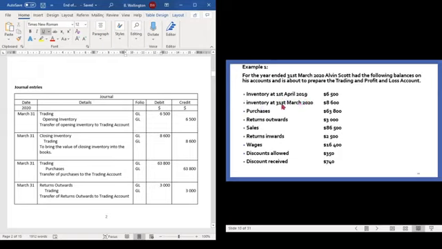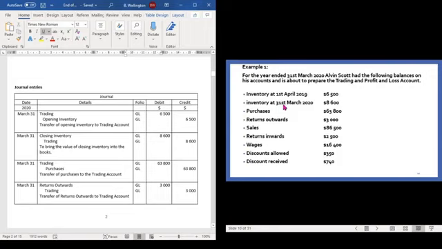Then there was closing inventory of $8,600. But note that closing inventory would not have been on the books as yet. On the last day of the accounting period, you would be going out to where you have your stock of goods that have not yet been sold, and you'll be doing a physical stock count.